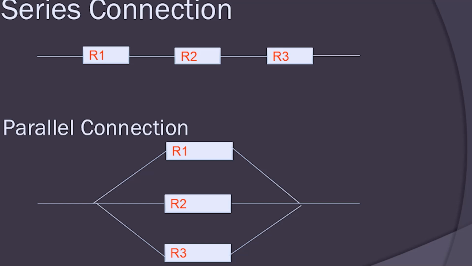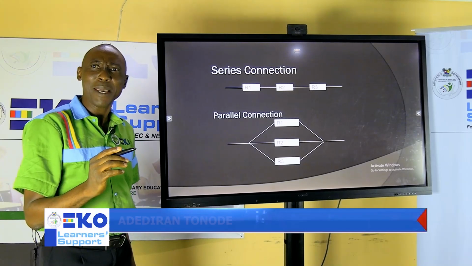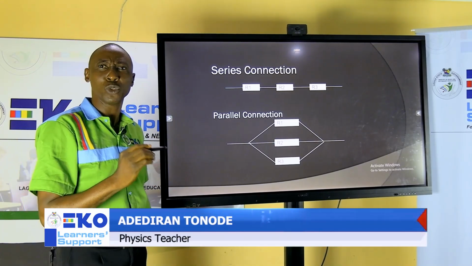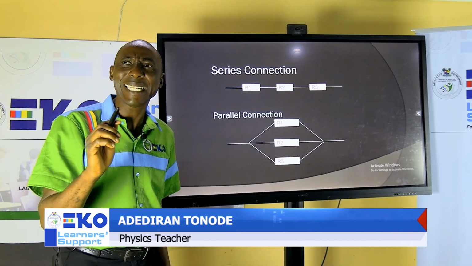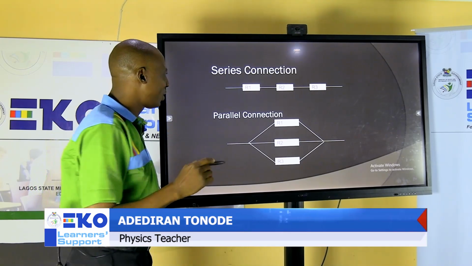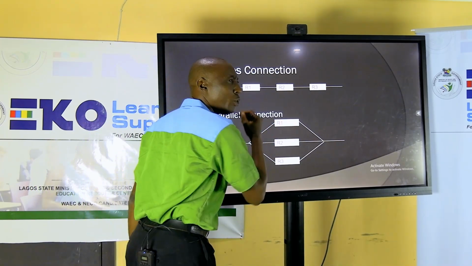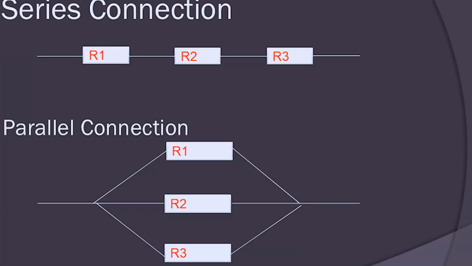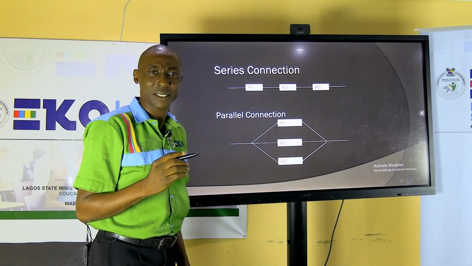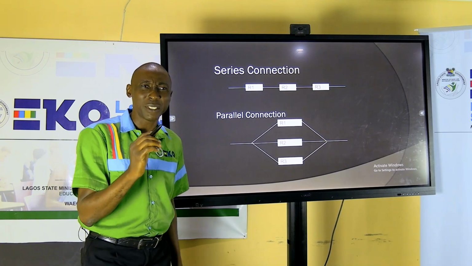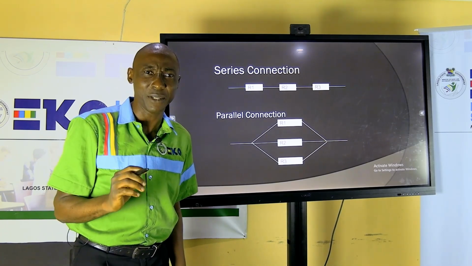When resistors are connected in parallel, the same potential difference flows through them. What am I saying? I need to emphasize, it does not matter the magnitude of the resistor. Resistor 1 could be 20 ohms, resistor 2 could be 15 ohms, and resistor 3 could be 10 ohms. Even though they have different resistance, each of them possesses the same potential difference.